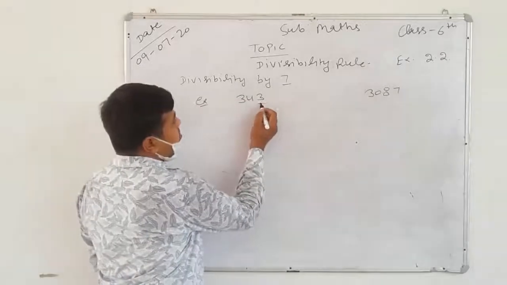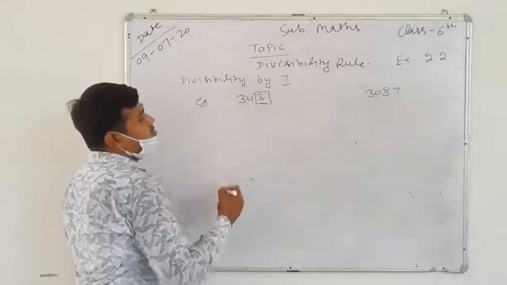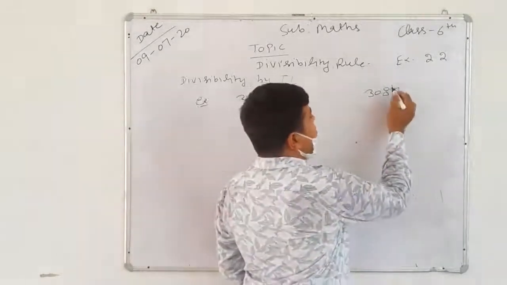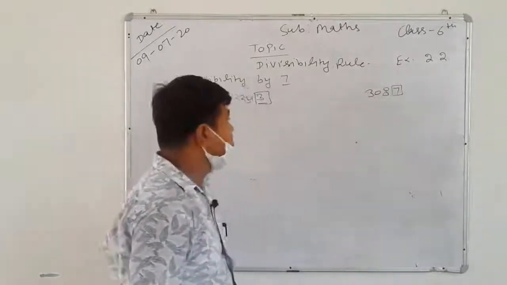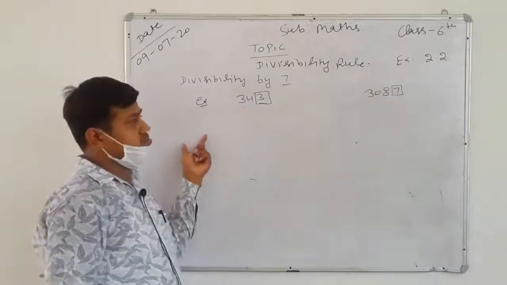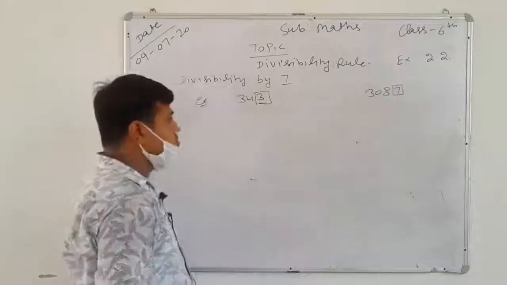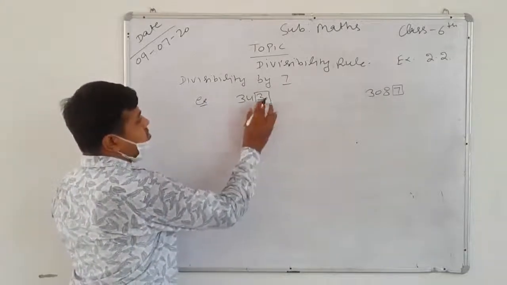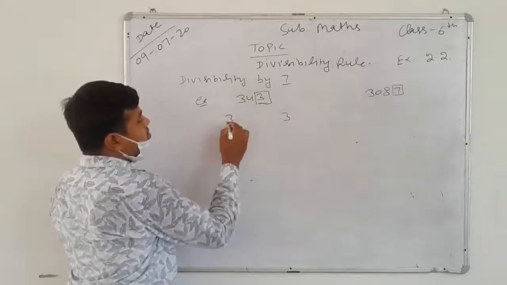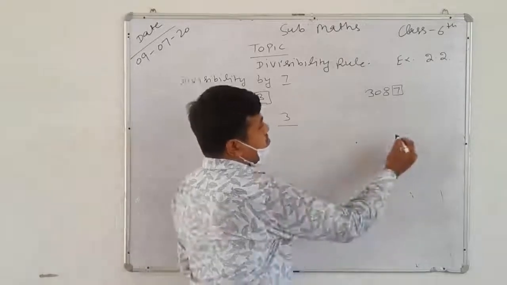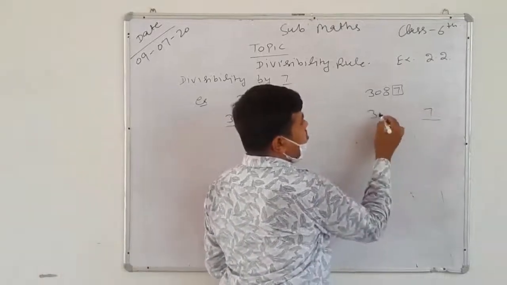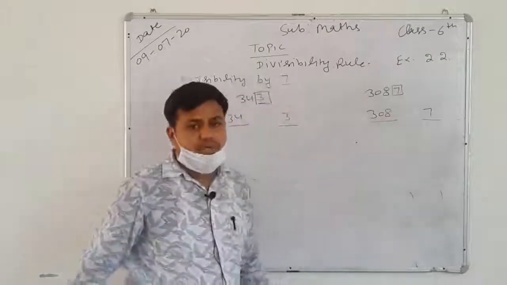We have to choose the last digit first, and the remaining number also. We have to divide the number into two parts: the last digit and the remaining part.